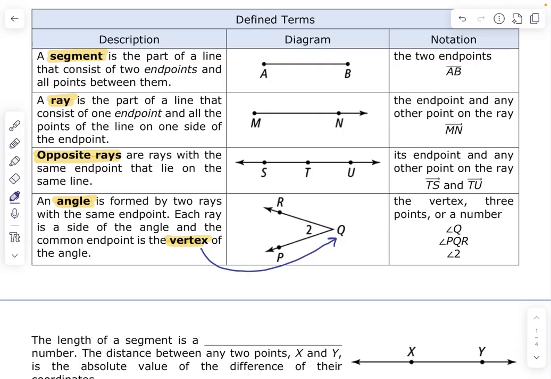The only thing that needs to be true when we're using 3 points is that Q, or the vertex, needs to be in the middle. So we could also call this angle RQP. Right, if we're following our points, we go from R to Q to P, and it gives us that exact same angle. Then the third way to name an angle is just with a number. So we have angle 2 because we've got our 2 in there.